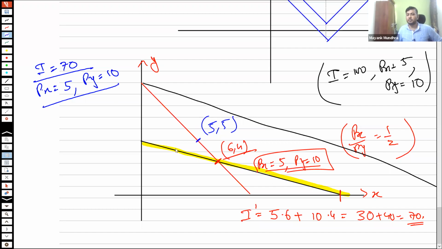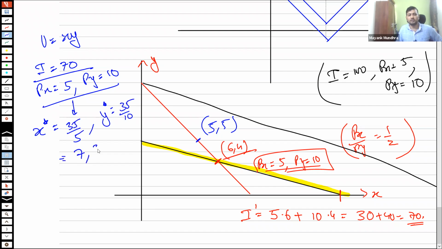Okay, so for income equals 70, Px equals 5 and Py equals 10. When we find the optima, we are going to find the optima on this line. When we do that for utility equals xy, we will see that x star is going to be 35 by 5 and y star is going to be 35 by 10. So that is equal to 7, 3.5.